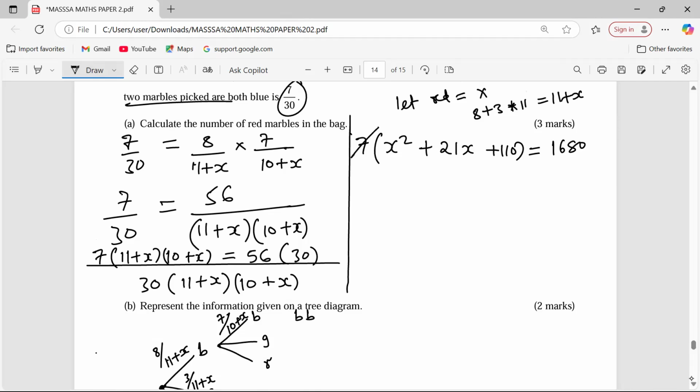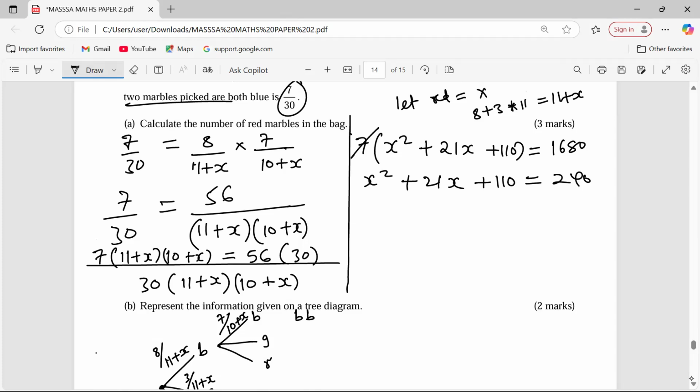But 7 can simplify. By 7, the right hand side becomes 240. So X squared plus 21X plus 110 equals 240.